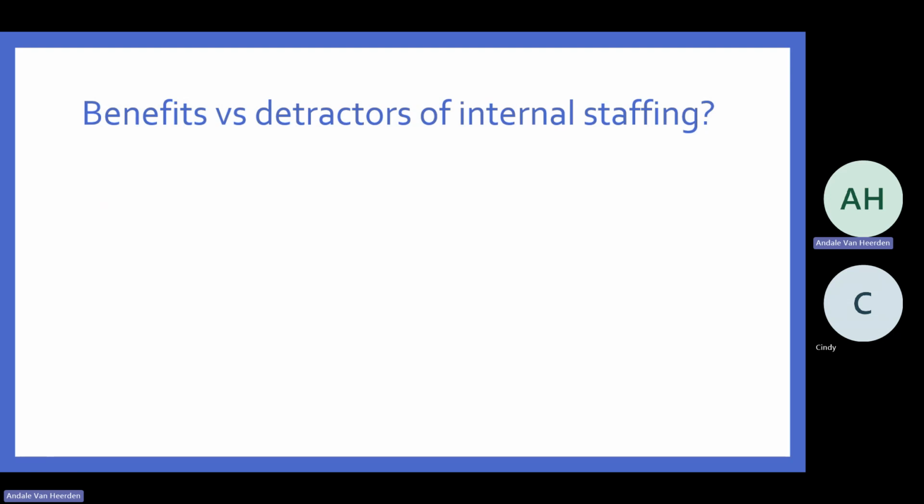Things I went, oh, that's just how things are done, I now go, but hang on, that's not fully productive. Or actually, what we're doing here is completely counterproductive. We need to change. So there's a detractor, a negative aspect to internal staffing as well, because there's a very real threat that you create this almost boxed-in culture where everything is always done in exactly the same way.